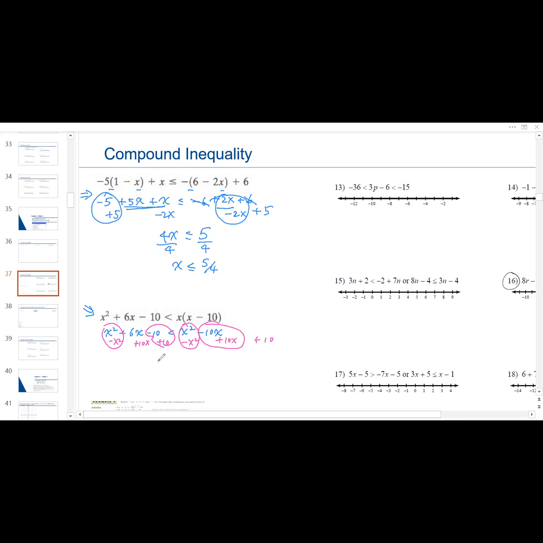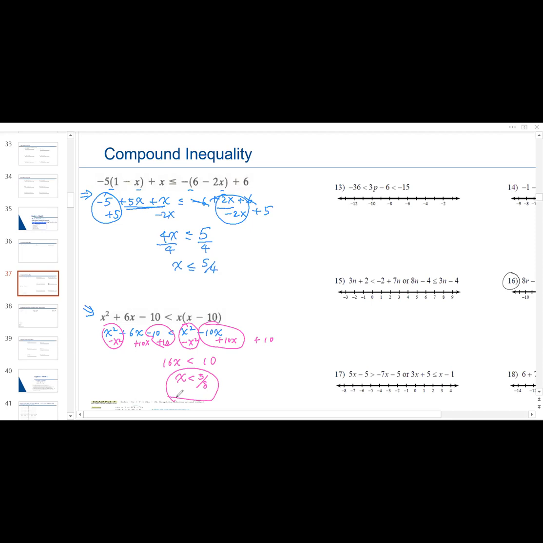So the left part only has 16x left. What about the right part? After this transformation, after simplifying and combining like terms, what we got is a very simplified inequality, right? So both sides divide by 16. 16 is a positive number, so we don't change anything. We just copy down, right? So you can follow these steps.